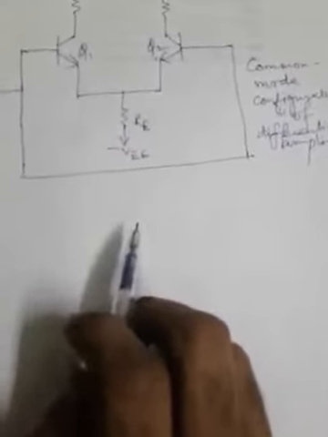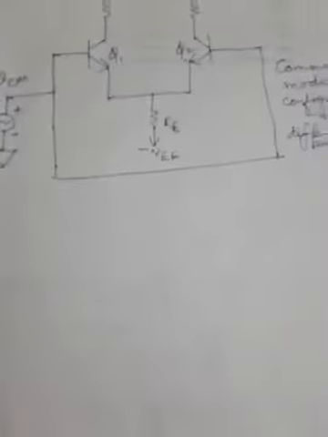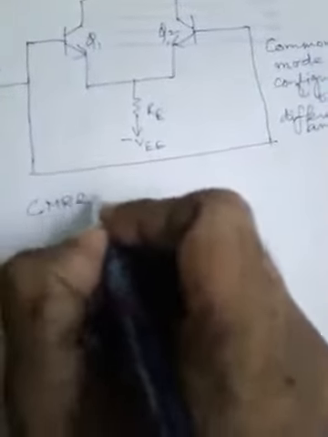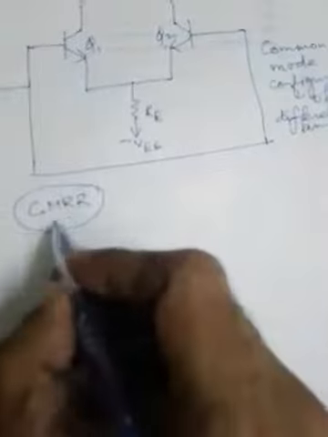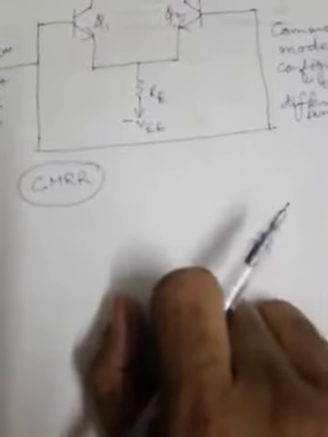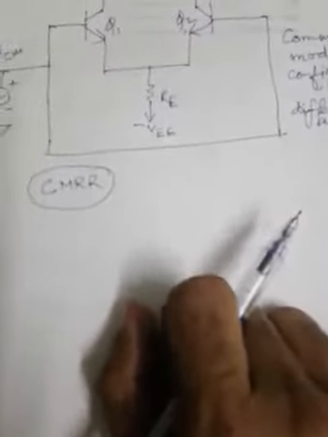Now the ability of a differential amplifier to reject a common mode signal is measured by its common mode rejection ratio, in short CMRR. It is an index, or figure, which indicates how well the differential amplifier will reject the common mode signal.